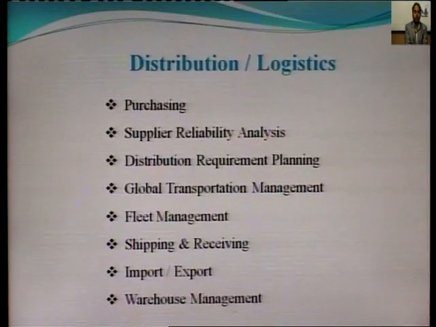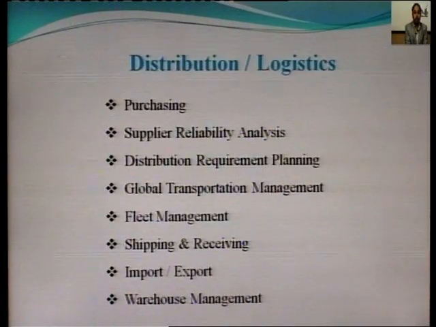Distribution department. This department deals with the purchasing. Purchasing means it will purchase raw material from the suppliers, and supplier reliability analysis. This department is responsible for the reliability of the suppliers. Means supply must be at a reliable rate.